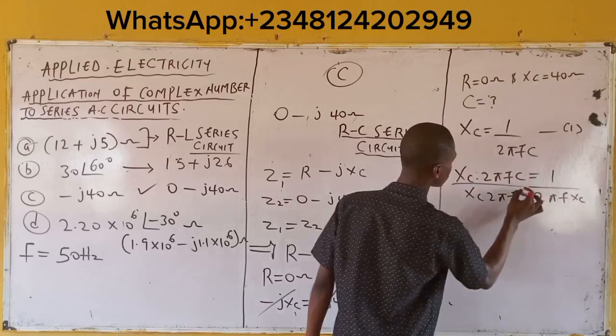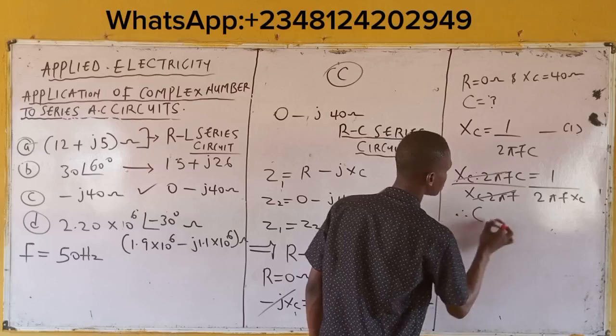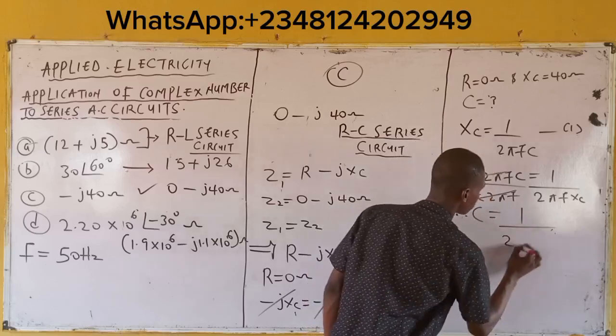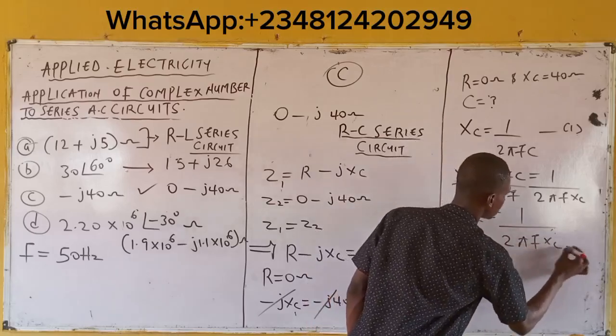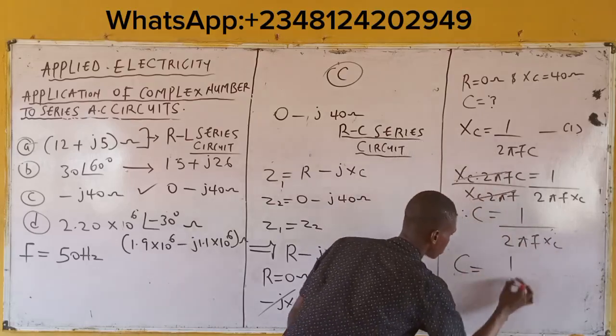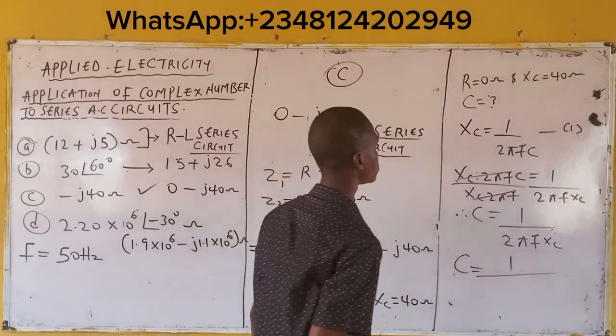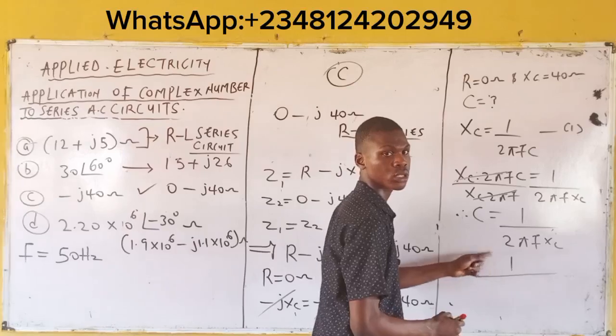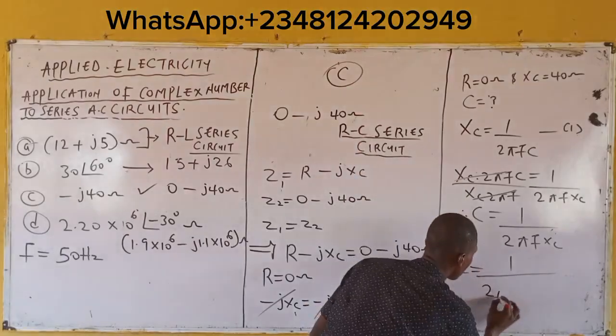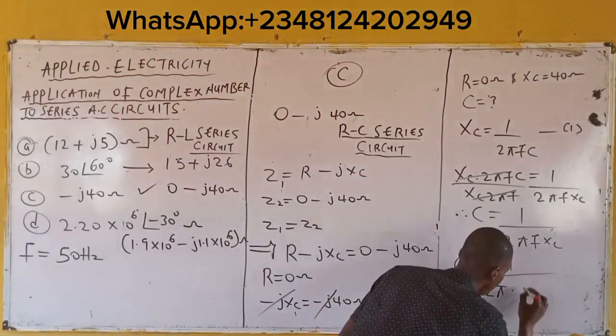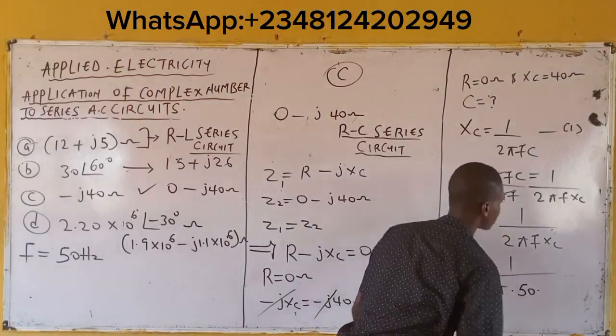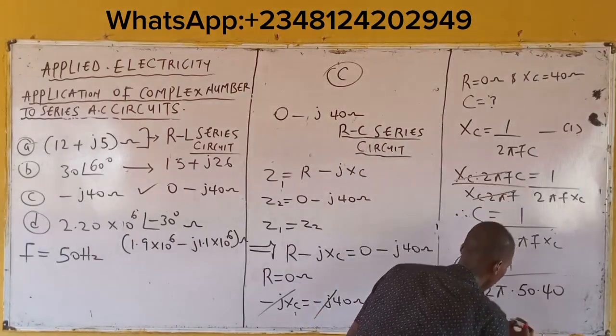Therefore, C is equal to 1 over 2 pi FXC. Substitute: 2 pi, F is 50, XC is 40.